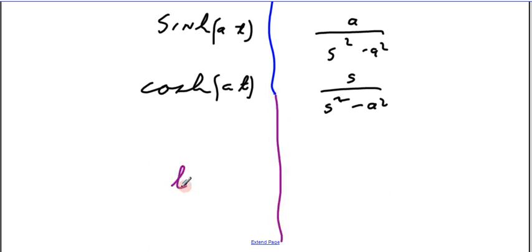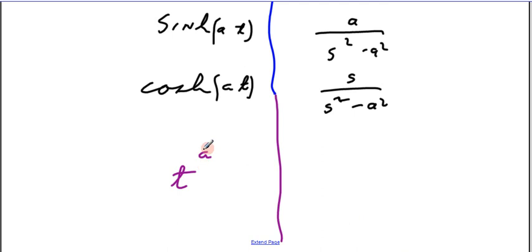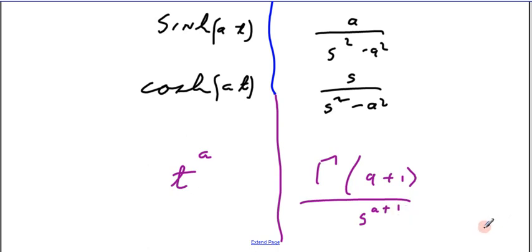So if I have t raised to the a, where up above we had t raised to the n, where n is some integer, that's fine. But a doesn't have to be an integer, it's just any value at all. And we end up with gamma function of a plus 1 divided by s to the a plus 1. Isn't that nice? Oh yeah, gamma functions. Oh, aren't they cool? How are we going to deal with gamma functions anyway? Show of hands, how many have seen gamma functions before?